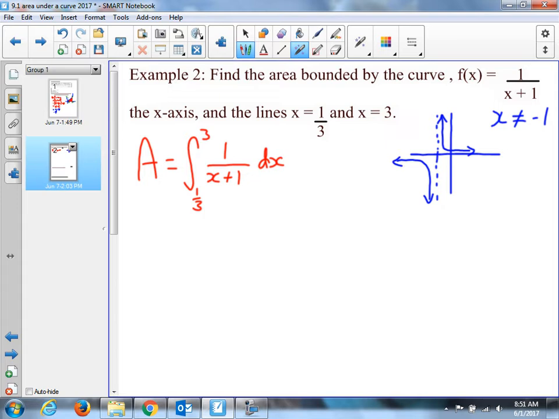Now look at this. Can I solve this one? Not easily? Yeah, okay. Natural log, maybe. Well, yeah, it looks like it could be something to do with the natural log. If you can't figure this out the way it is, let's solve it using substitution.